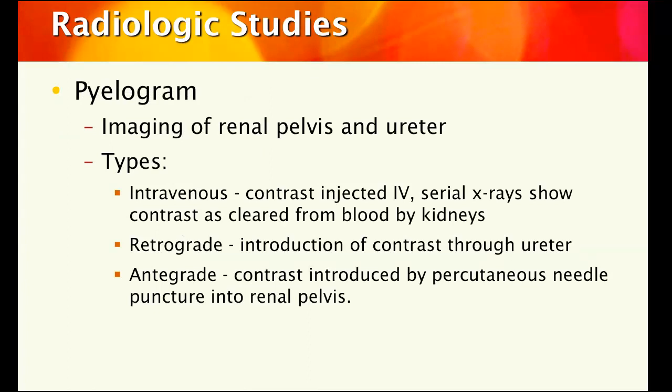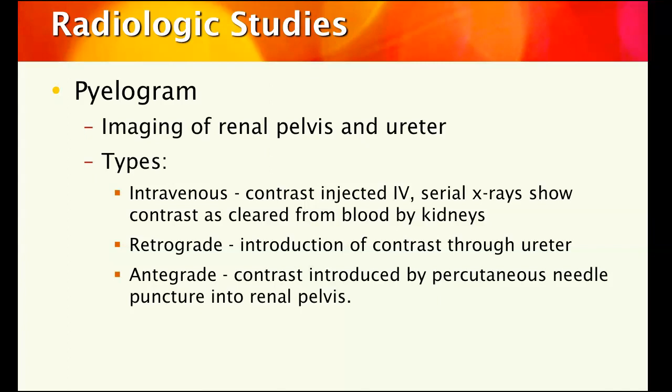The pyelogram, on the other hand, is utilized for a lot of different things. A pyelogram is an image of the renal pelvis and the ureter, and you can do this a couple different ways. You can do it intravenously, which is going to be the most common, where you inject contrast into the IV, and then you'll have serial x-rays that show the contrast as it's cleared from the blood by the kidneys.